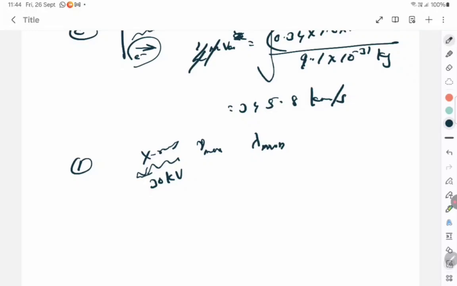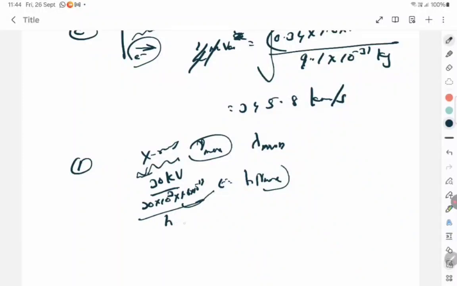So this doesn't strike a metal surface, nothing. In that case, energy is equal to h into mu maximum, and 30 kilovolt is 30 into 10 to the power 3, and you multiply it with 1.6 into 10 to the power minus 19 since the question is about electrons, you get the energy, and so your mu maximum is divided by h. So thus you get your mu maximum.